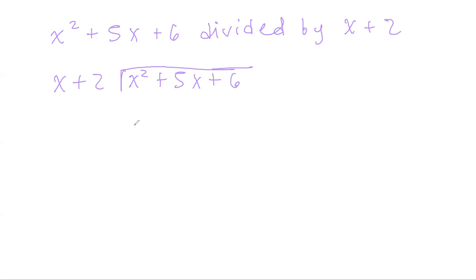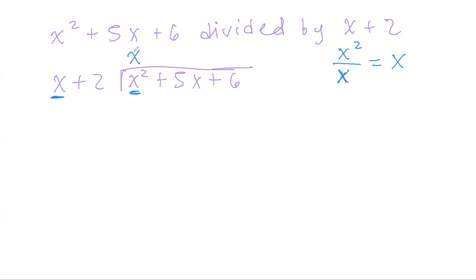Okay, so the first thing I'm going to look at is, what do I multiply x by to get to x squared? In this case, it's x, right? x times x gives me x squared. Another way you could do it is also think, oh, x squared divided by x is just x. That's another way you can see it.